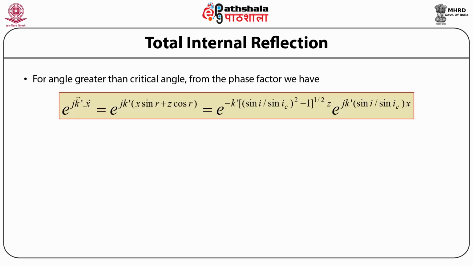and this is equal to exponential to the power minus k prime, the wave number of the refracted wave, times bracket open the square of sine of the angle of incidence by sine of the critical angle of incidence minus 1 bracket close to the power half times z, this whole being multiplied by exponential to the power j times the wave number of the refracted wave k prime times sine of angle of incidence by sine of the critical angle of incidence, whole times x.